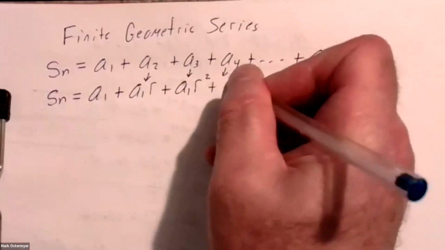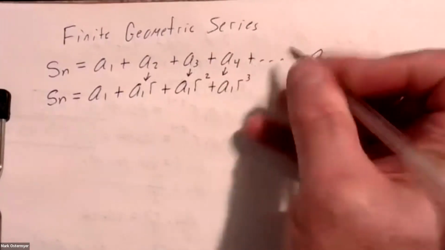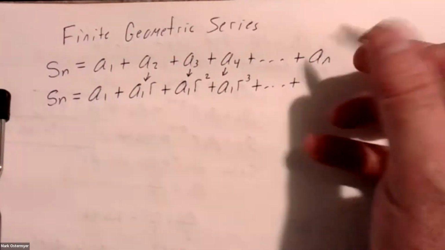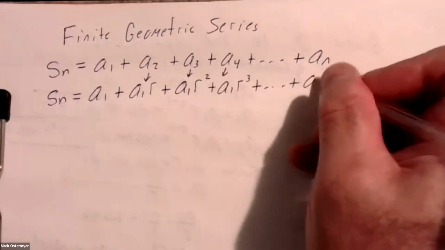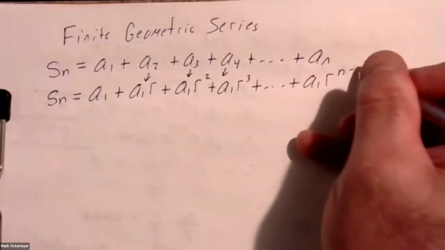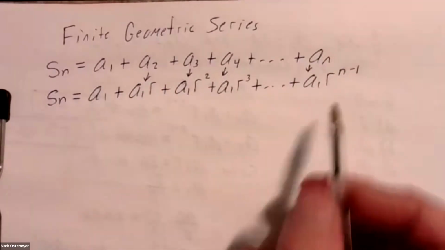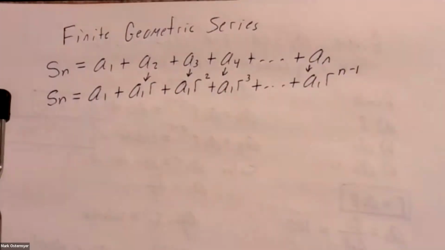The fourth term is the first term times the common ratio cubed, plus, all the way up to the nth term, but the nth term is really the first term times the common ratio to the n minus 1 power. Do we understand that nth partial sum of adding up the first n terms of this finite geometric sequence?